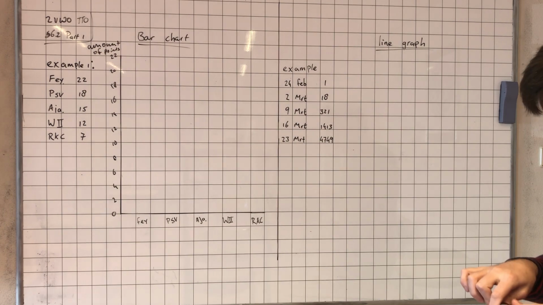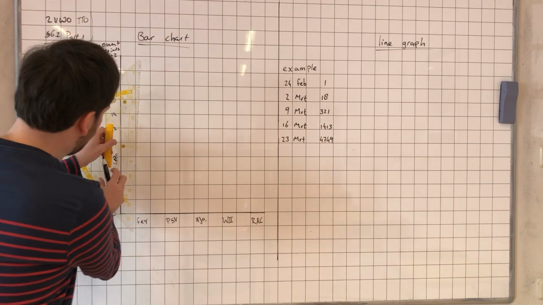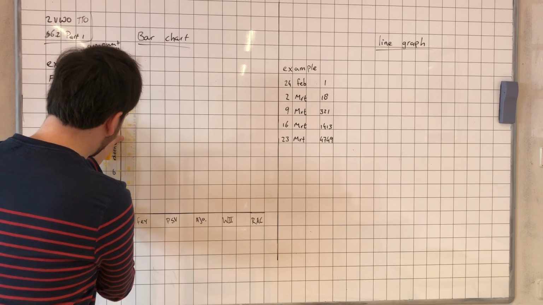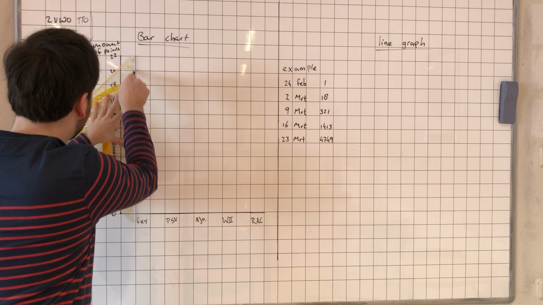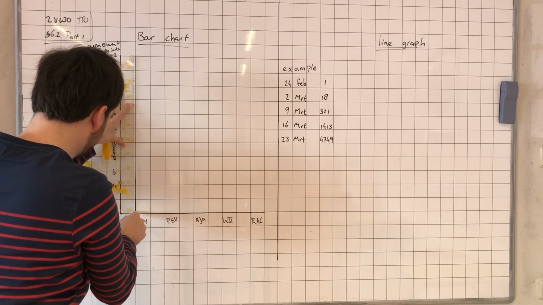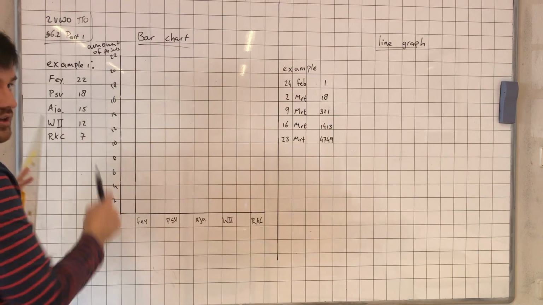So first off, Feyenoord. Feyenoord has 22 points, which means that the bar will be really long. And make sure that it doesn't touch the y-axis.